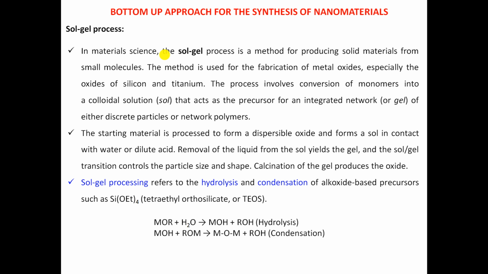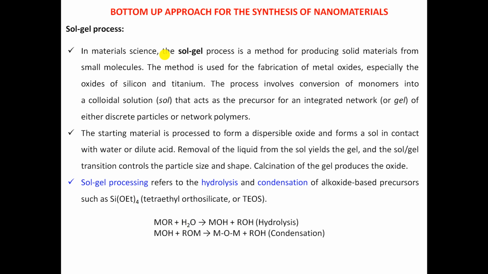Removal of the liquid from the sol yields the gel. Sol-gel transition controls the particle size and shape. Calcination of gel produces the oxides, and those oxides are in the nano size range.